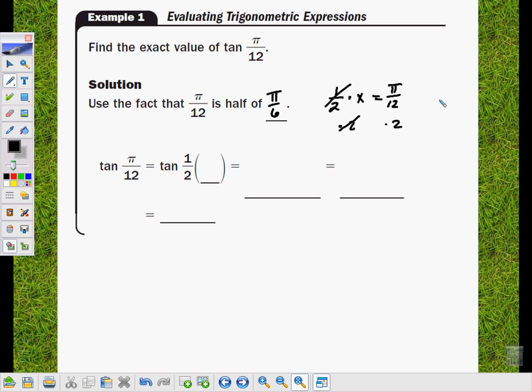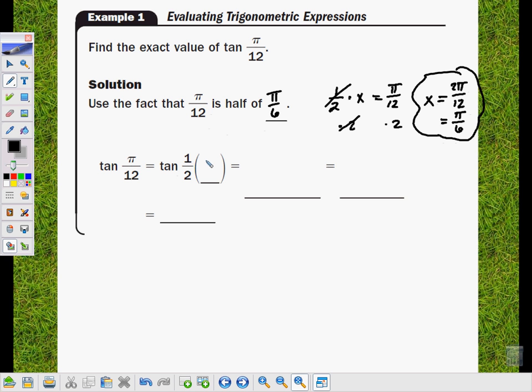And what that gives me then is that x is 2 pi over 12, which is pi over 6. So that's kind of the long way of doing it. You might be able to just do this in your head, that pi over 12 is half of pi over 6. If not, you can set this up and work it out every time. Alright, so that's what I'm going to do.